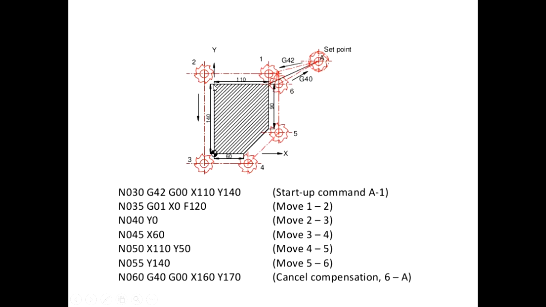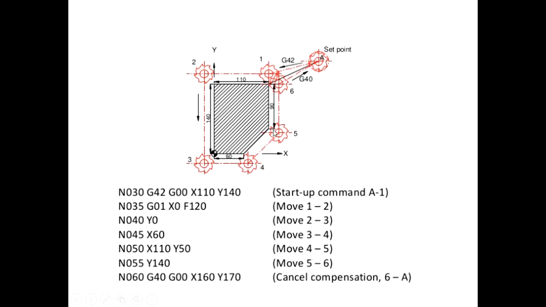So directly you can specify the coordinates on the workpiece. The position of 2 will be, what will be the X coordinate? X will be 0 and Y will be the same, Y will be 140. So from 1 to 2. Now from 2 to 3, X0, Y0, this is the origin. We are using absolute positioning. Then from 3 to 4, X will be 60, Y will be 0.